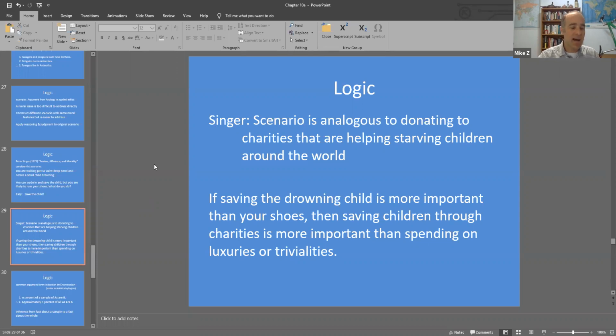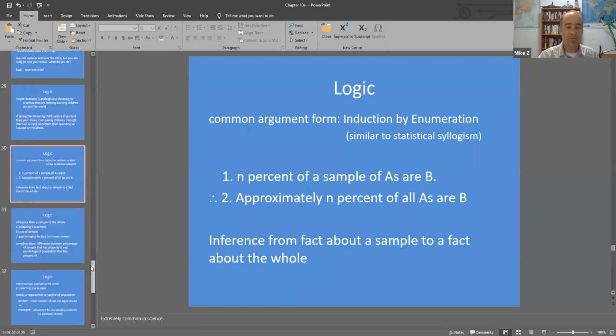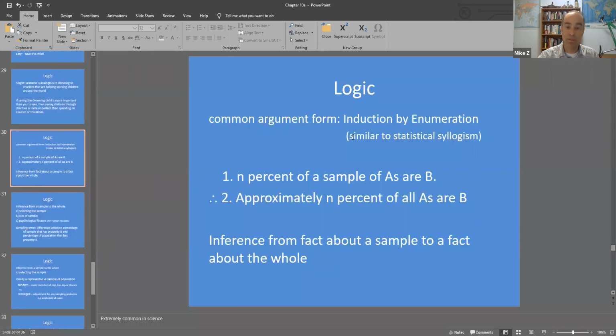Okay, so next argument form. And this one is actually kind of similar to the statistical syllogism that we already saw.